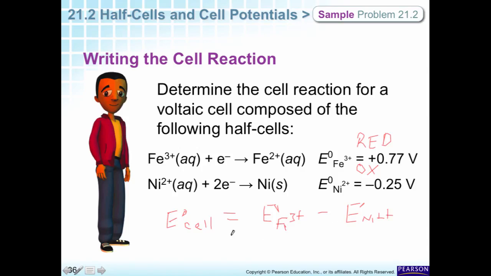Substituting in, we get plus 0.77 minus a minus 0.25, and that's going to be equal to plus 1.02 volts.